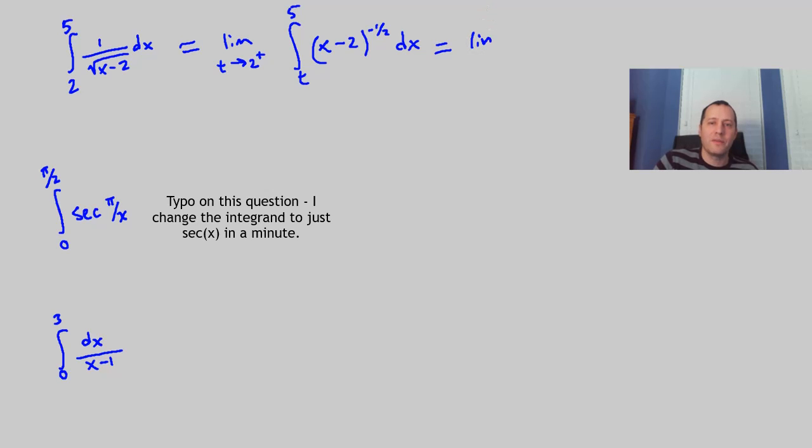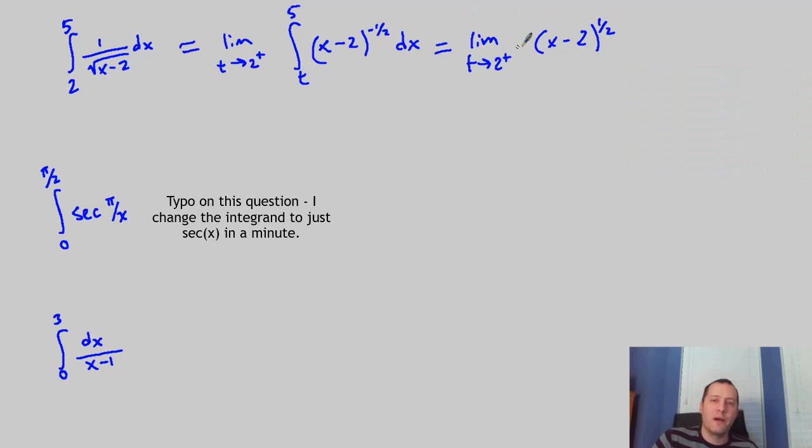We've got the limit as t approaches 2 from the right of, and again, we're going to do the power rule, right? We're going to add 1 to this power. Negative 1/2 becomes positive 1/2. We're going to divide by the new power, which is 1/2. So when you divide by 1/2, you multiply by the reciprocal, which is 2. And we're going to evaluate that from t to 5.